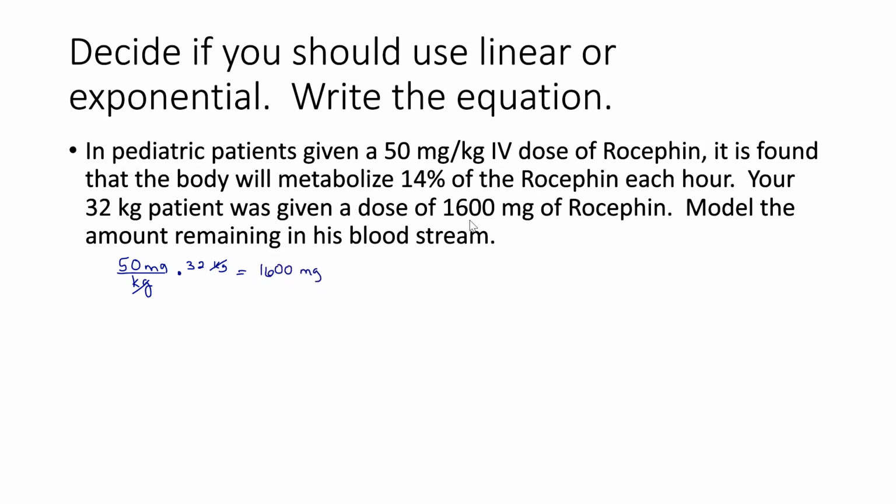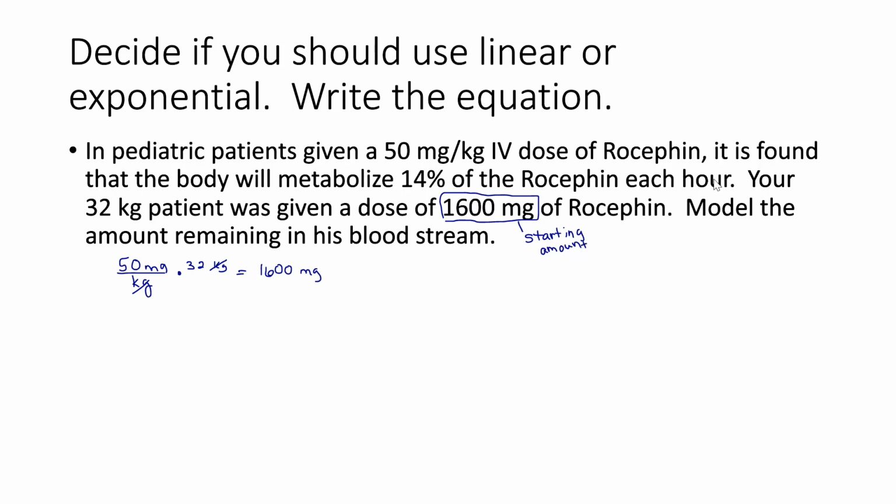So we didn't have to do that, but that's how the 50 and the 32 are used. This amount I understood to be the starting amount, because that was the dose. It's asking me the amount in his bloodstream, and since it's given as an IV, it would have been put directly into his bloodstream, so this is the amount in his bloodstream at the beginning.